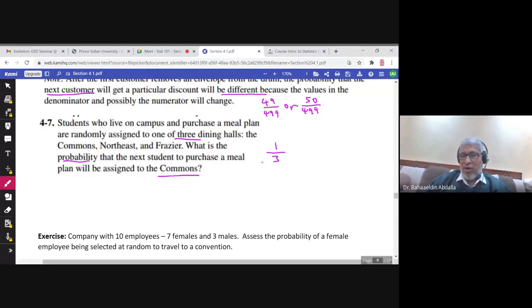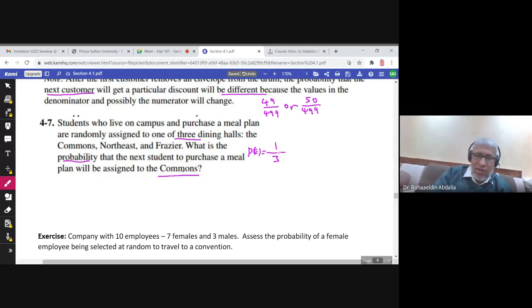So the probability of this event would be simply 1 over 3. If you are talking about the sample space here, the sample space would be N, F, C, 3 possibilities. So the probability of C would be 1 over 3, which is one over the total outcomes, the number of all dining halls.